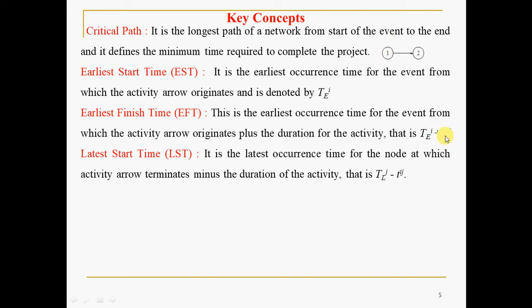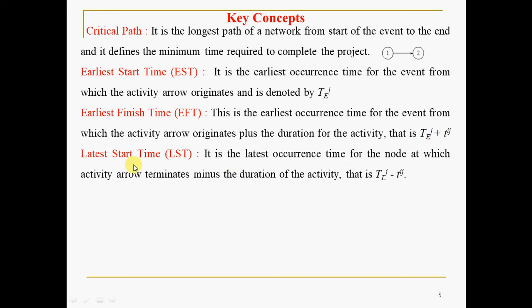T stands for activity duration, and ij is an activity in general. 1 to 2 means T of 1 to 2. Earliest start time is the time at this point, and if this activity takes 10, then 0 plus 10 will be the earliest finish time.